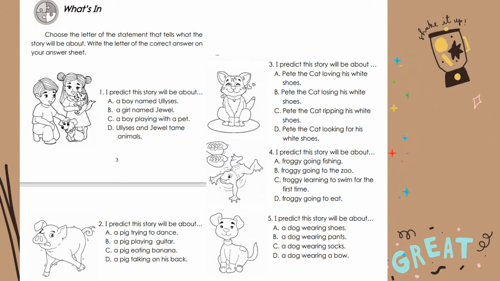B, Froggy going to the zoo. C, Froggy learning to swim for the first time. D, Froggy going to eat. And number 5, I predict this story will be about: letter A, a dog wearing shoes. B, a dog wearing pants. C, a dog wearing socks. Or letter D, a dog wearing a bow.